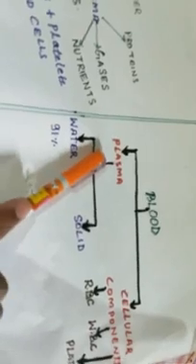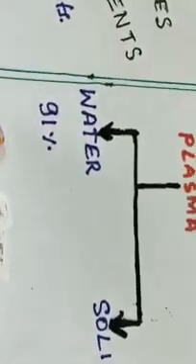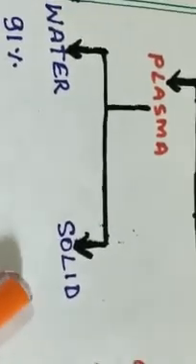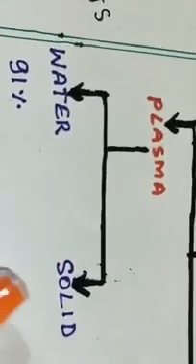So blood has two parts, the fluid part, plasma, which contains about 91% of water, and the solid part, which contains the salts, the hormones and other parts.